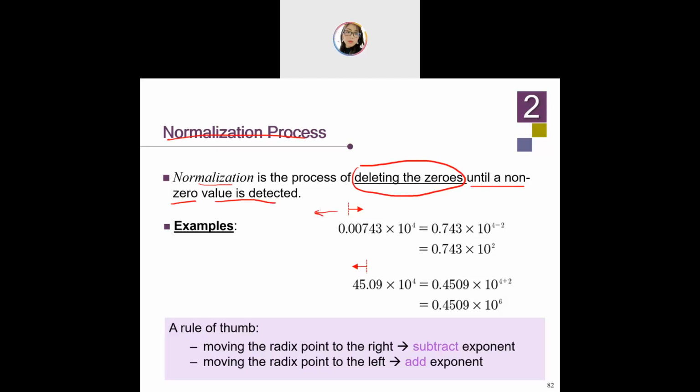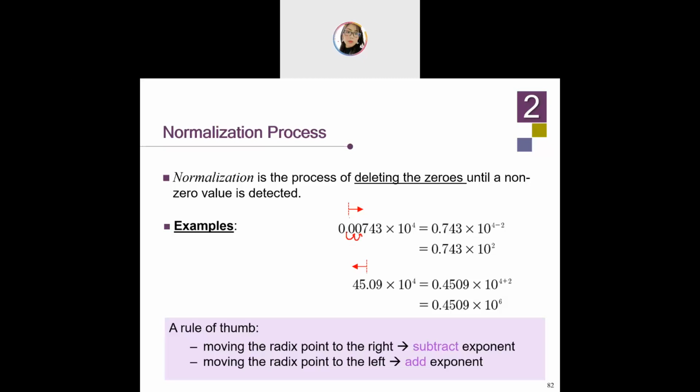So you need to check this number. Is there any zero? If you have zero, you move until you meet a non-zero number. You need to check the left side first, because for normalization, normally your number will start with zero first. Here, you need to move to the right. How many times do you move?